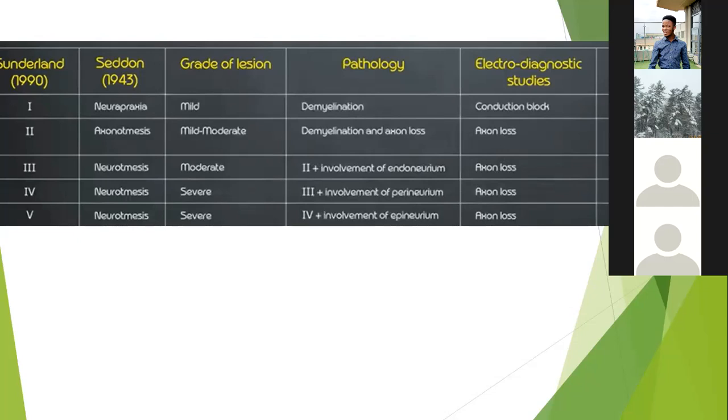But after so many years, they start recovering, and of course with the physiotherapy, they slowly start recovering some of their sensation, but not all. That's why we say it is poor.